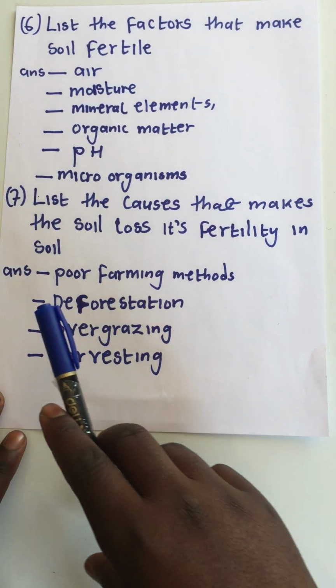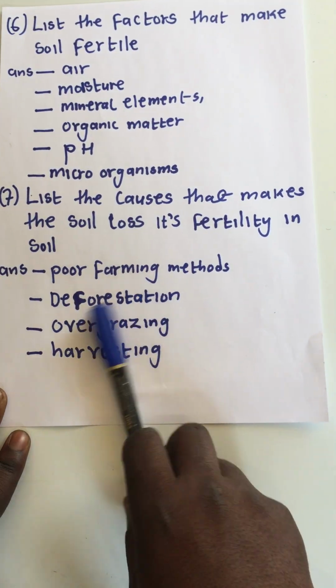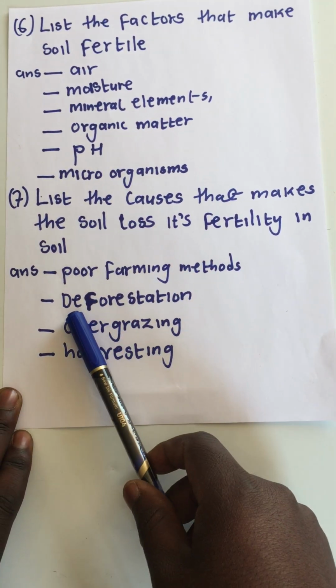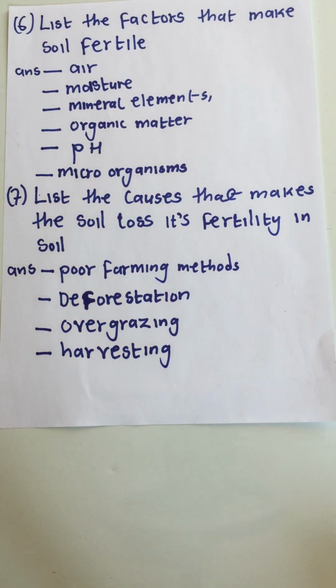Number 1, poor farming methods. The second one is deforestation, which is the cutting down of trees without replanting them. Also we have overgrazing, whereby you keep animals to overgraze at the same place without leaving a space for them to grow.